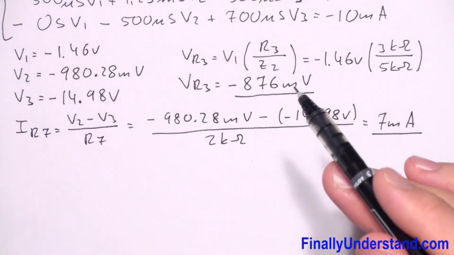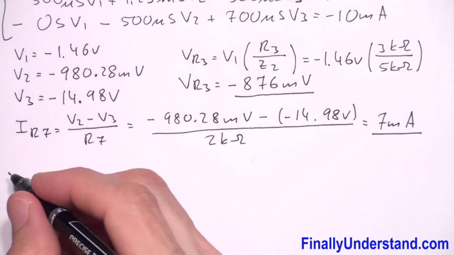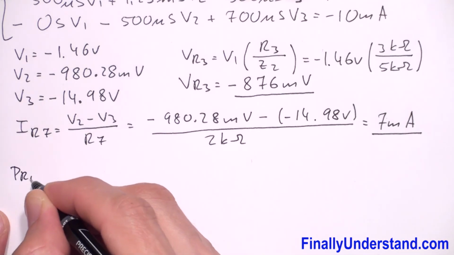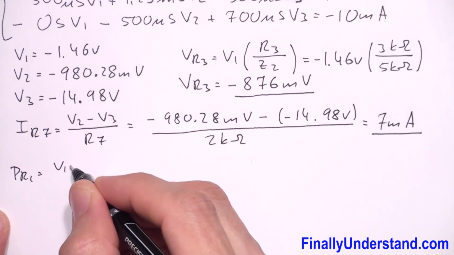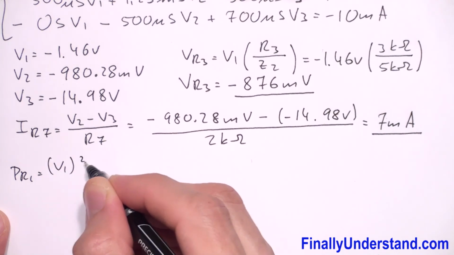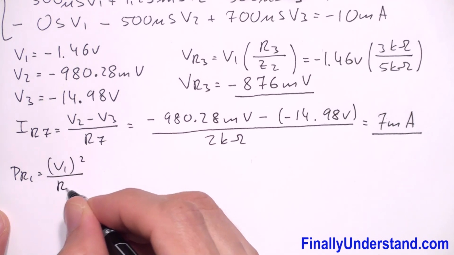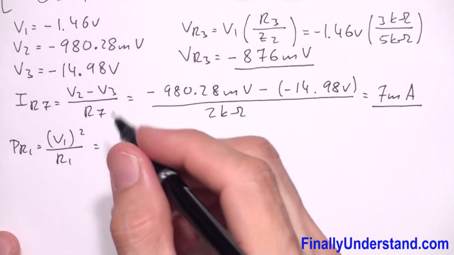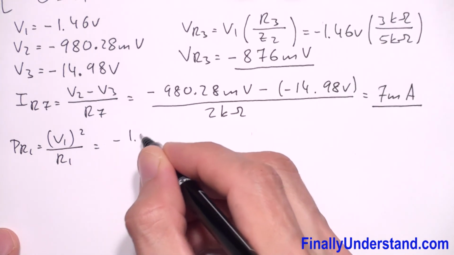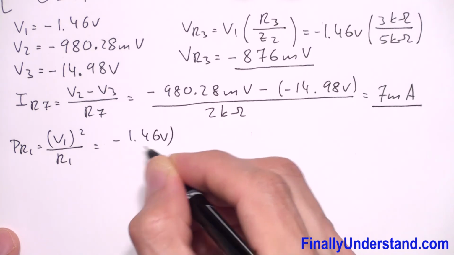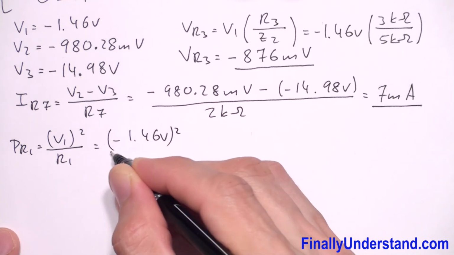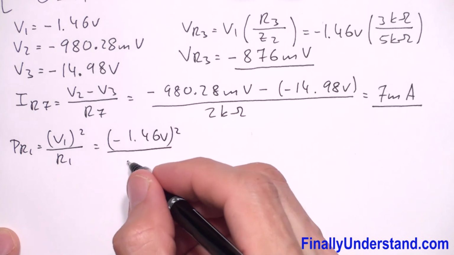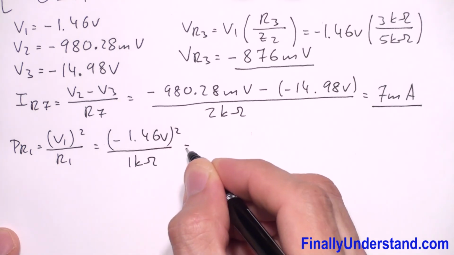That's why I'm going to write the formula PR1 is equal to V1 to the second power over R1, where V1 we found is equal to negative 1.46 volts, over R1, 1 kilo ohm.